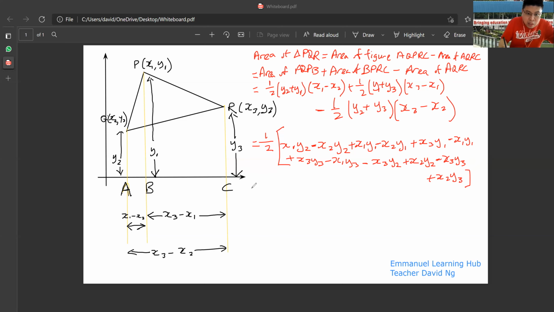Then you can simplify. Where is my x1, y2? x1, y2 is still alive. x2, y2 disappears. x1, y1 also disappears. x2, y1 minus x2, y1. x2, y1 is still alive.